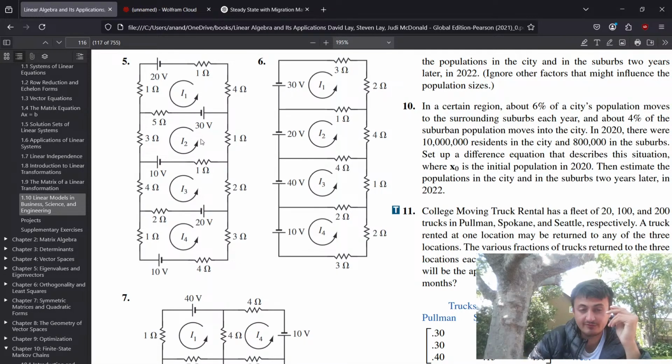So I think it's going to be 40 volts is equal to 10I2 plus 5I1 plus I3, because we have this loop. This loop includes 40 volts and 1, 2, 3, 4, 10 ohms.